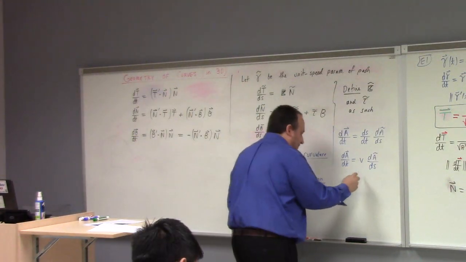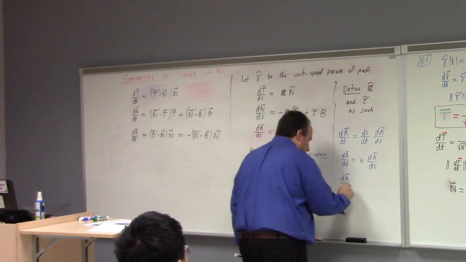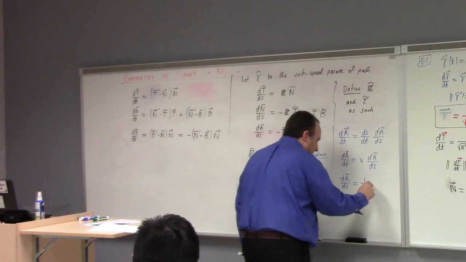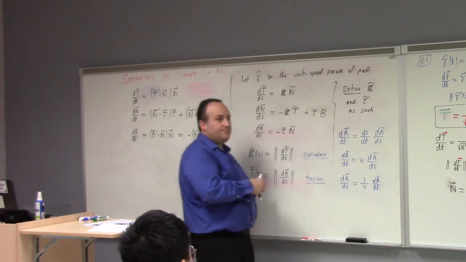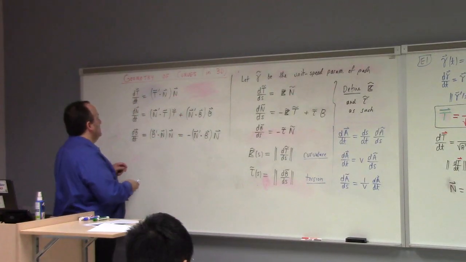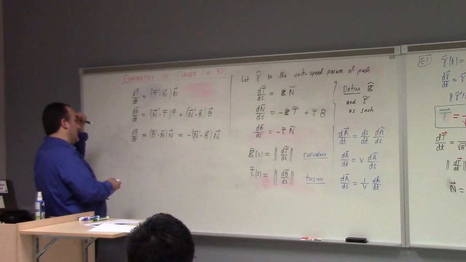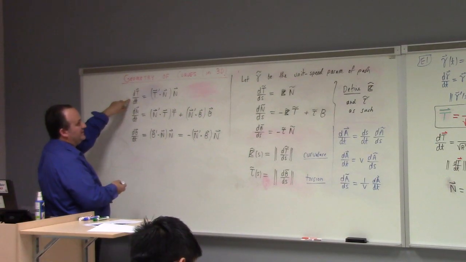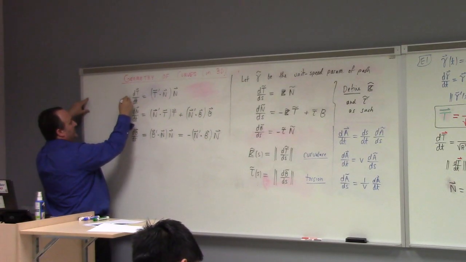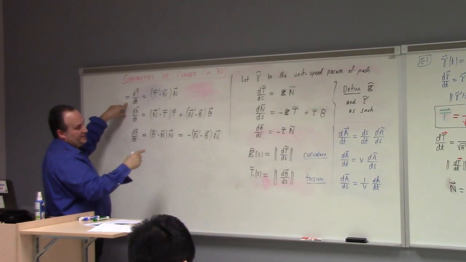But on the flip side, dA tilde ds is 1 over the speed times the time derivative. So let's see here. If I trade these for the unit speed derivatives, what does it look like?